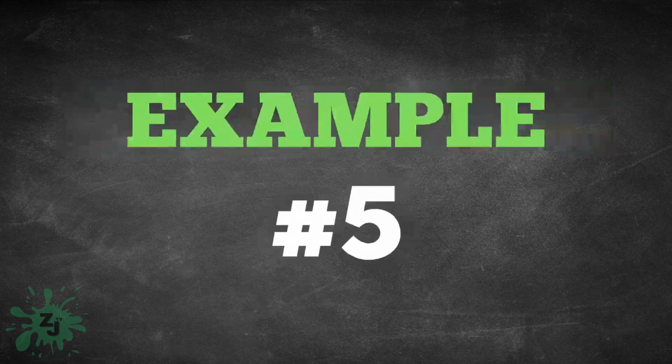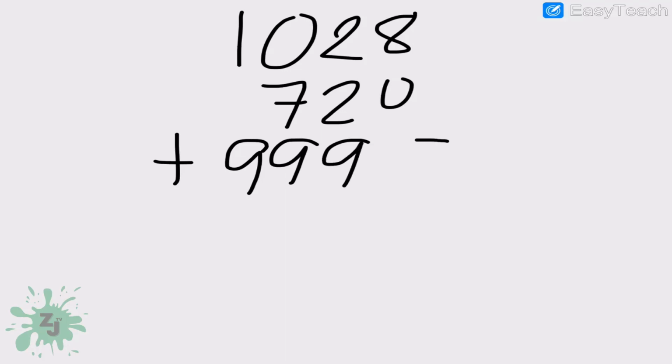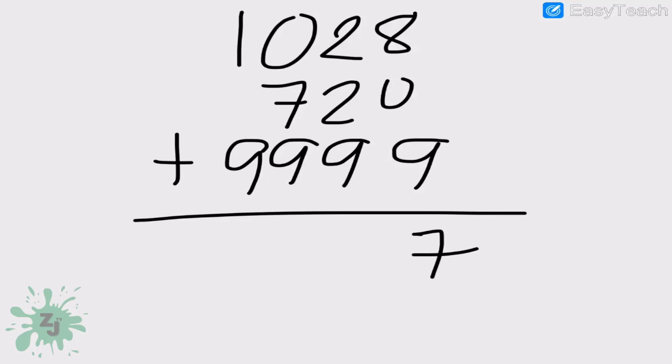Next, 1028 plus 720 plus 9999. What we are about to do is just our usual steps, column by column. So 8 plus 0 is 8, plus 9 is equal to 17. Carry 1.